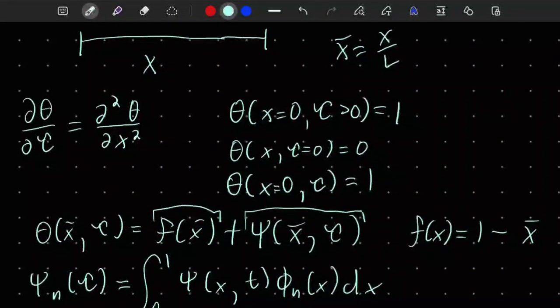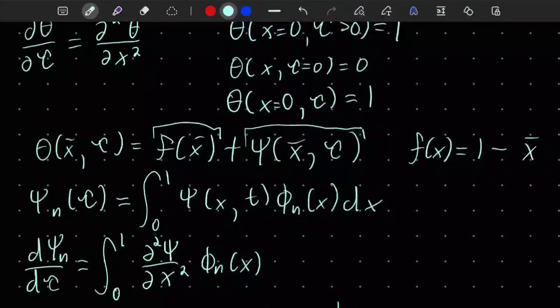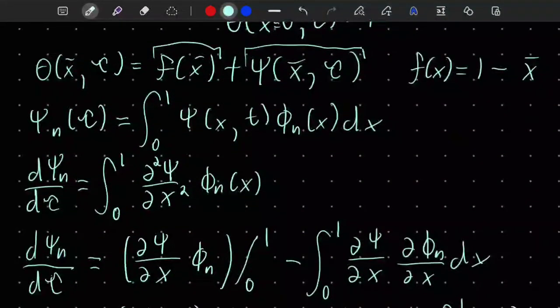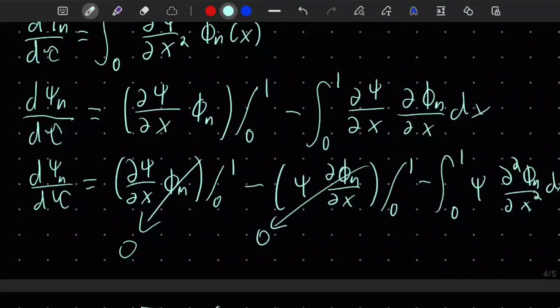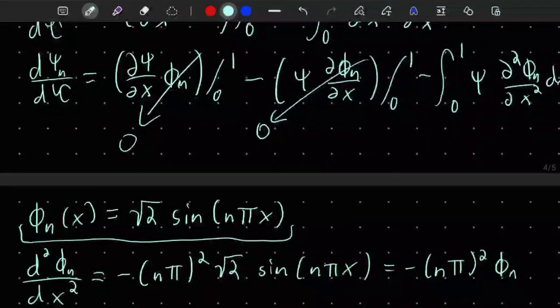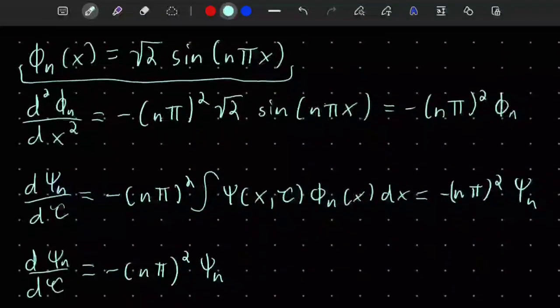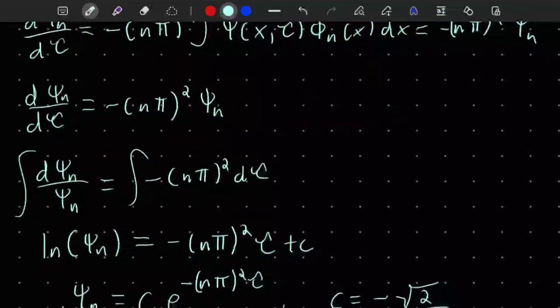The math for it is quite complicated. You can look through the solution here. It doesn't actually really matter. But in the end, you apply the boundary conditions, you're able to solve for it, you find the basis function out to be this, and then you can solve the differential equation for it. And once you do that, you can solve it in terms of this.